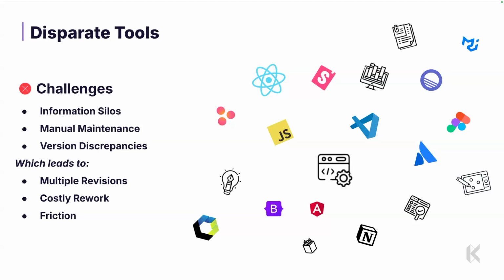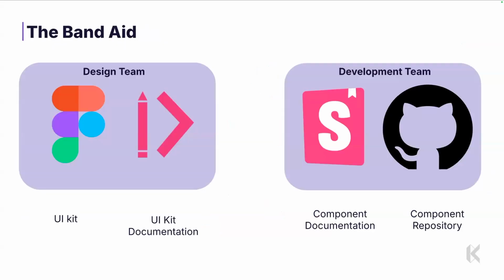That can also lead to version discrepancies, which lead to multiple revisions, costly rework, and friction between team members. A lot of times the band-aid solution is, let's document what we have, whether in a spreadsheet or a documentation tool. We can identify guidelines for where and how these things should be used.